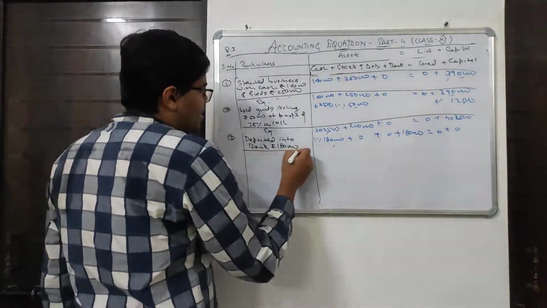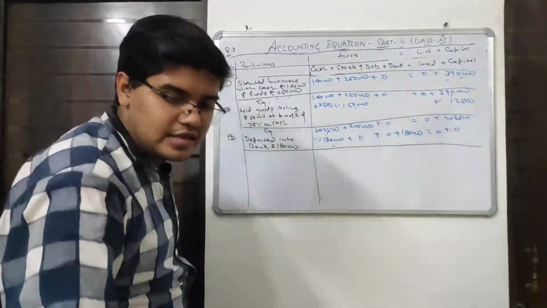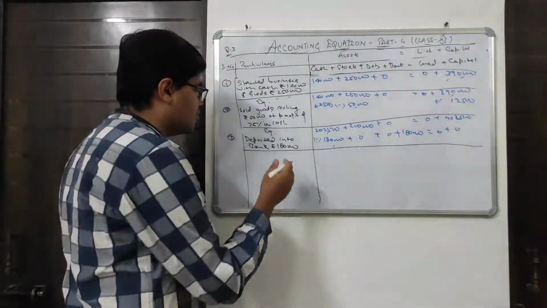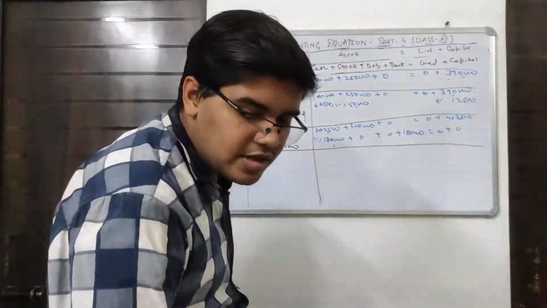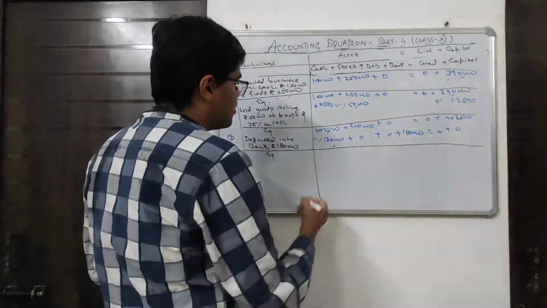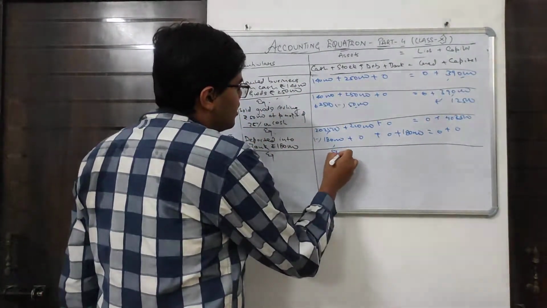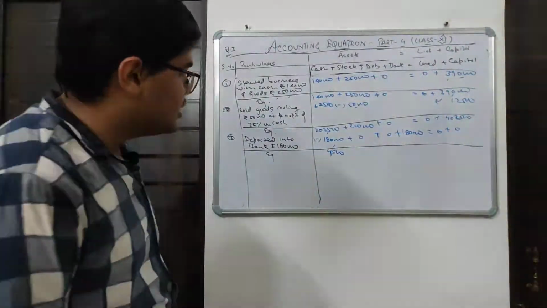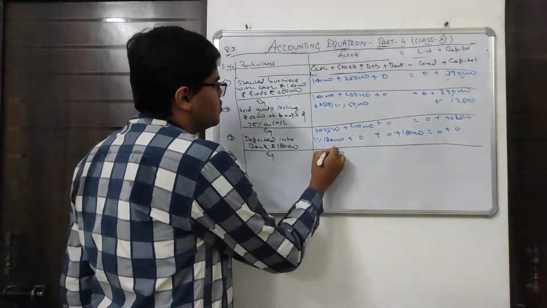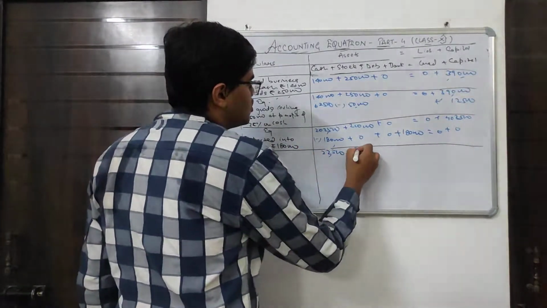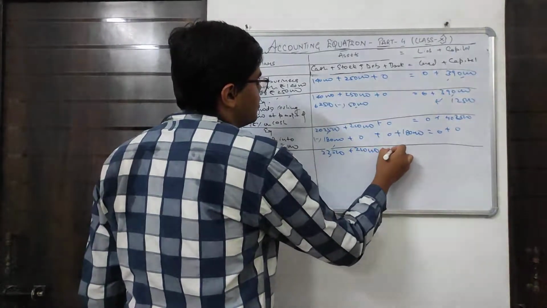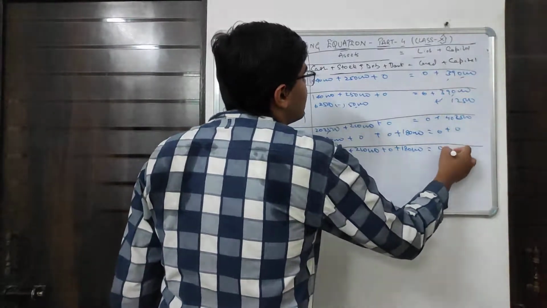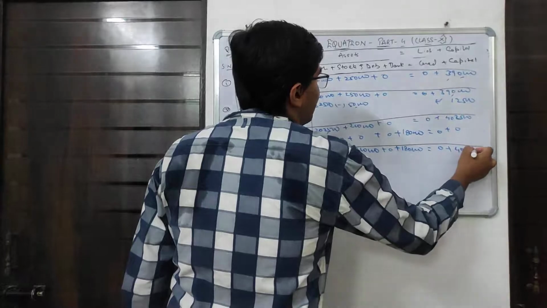So now let us see whether our equation gets balanced here. It will be 22,500 plus 2 lakh plus 1,80,000 and plus 0 in creditor and plus 4,02,500.